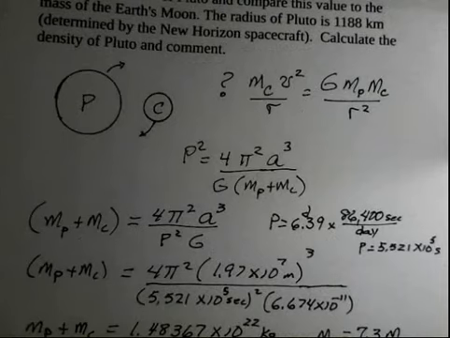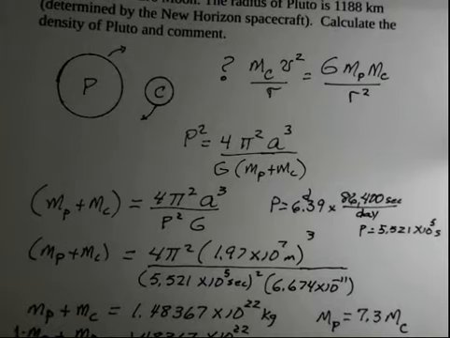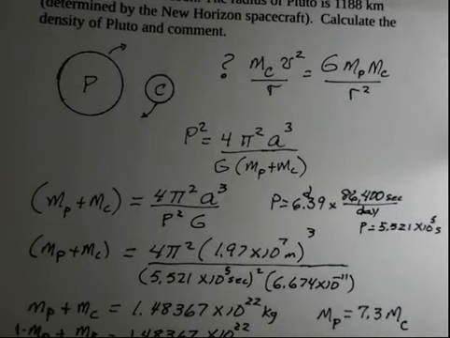So that goes in here, and that gets squared, period squared, and then our constant of gravitation. You should pause now and do this calculation, and hopefully you're obtaining on your calculator 1.48367 times 10 to the 22nd kilograms.